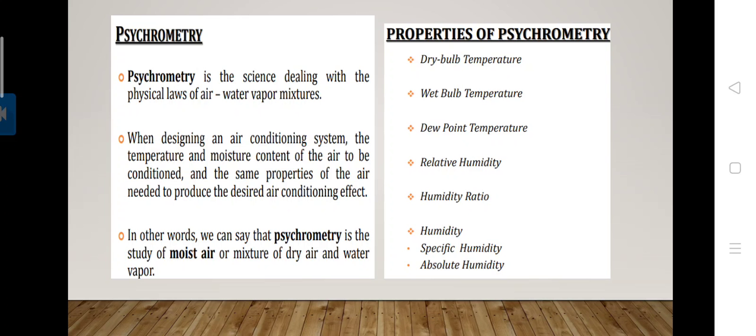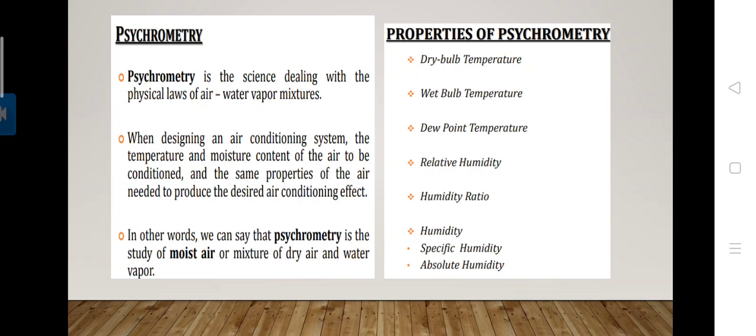The amount of water vapor present in air depends on partial pressure of water vapor, temperature and total pressure of mixture. So, due to the change in temperature and pressure, the amount of water vapor present in air changes accordingly.